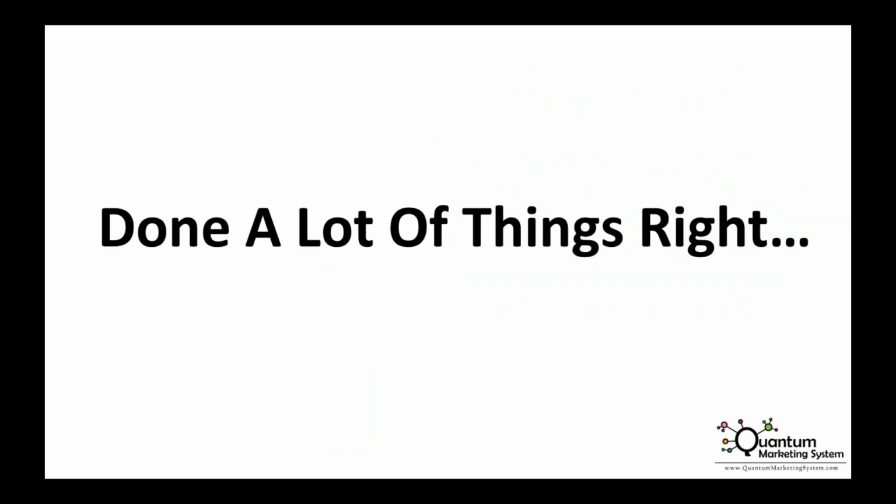So I've done a lot of things right in this business over the years and done a lot of things wrong. Some of the stuff that I've done wrong is learning case by case and making adjustments.